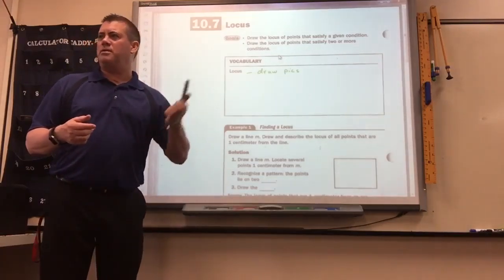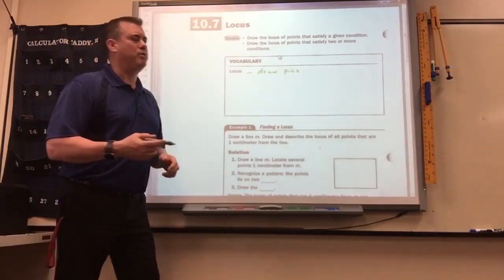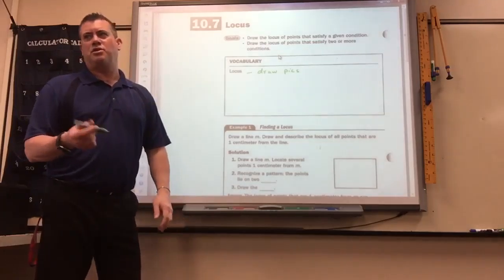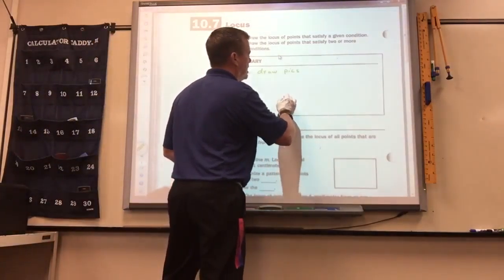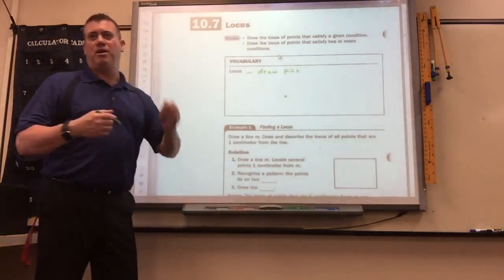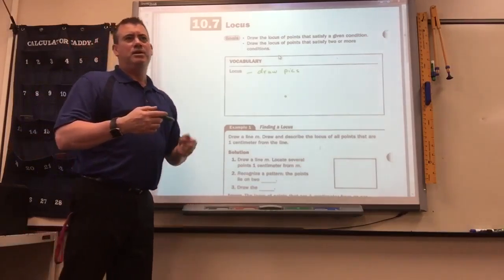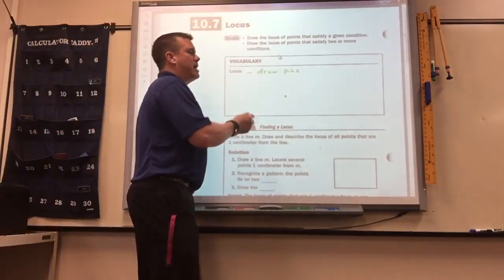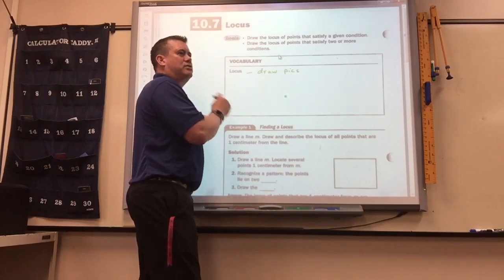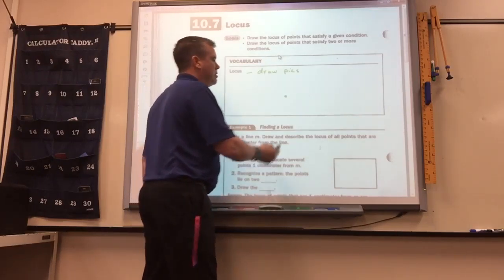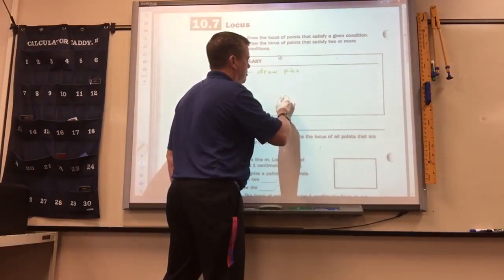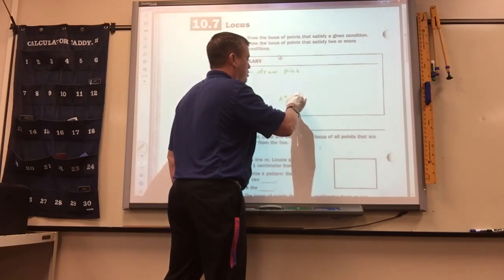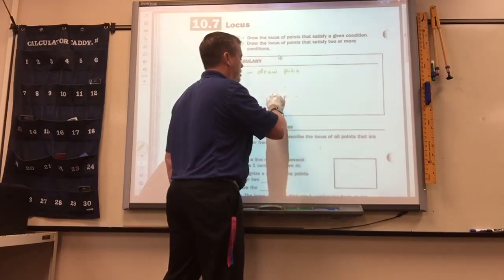The most common one, going back to 7th grade, the definition of a circle is all the points equidistant from one single point. So if they gave you a direction to draw all the points that are 2 inches from a given point, you would draw a point, and then you'd go out 2 inches, up 2, out.